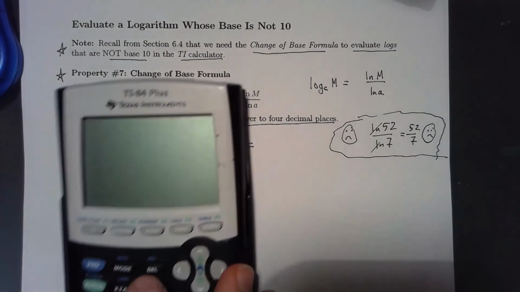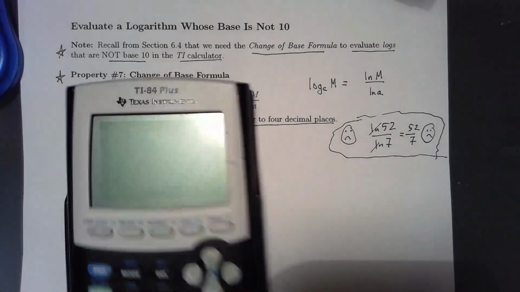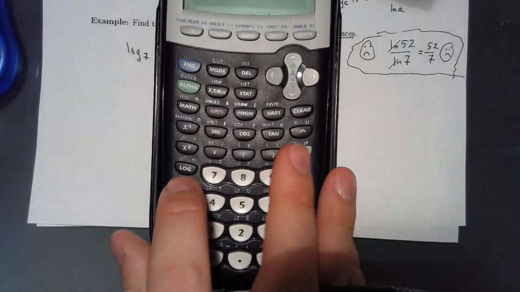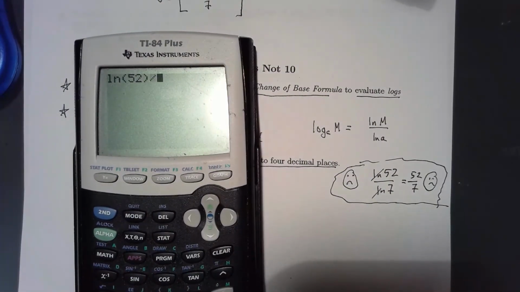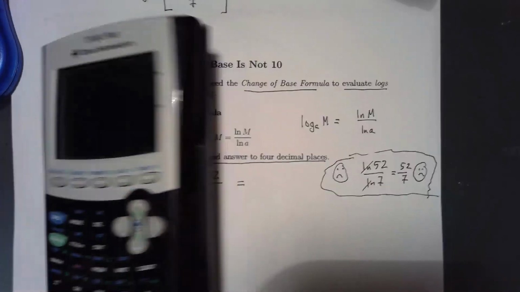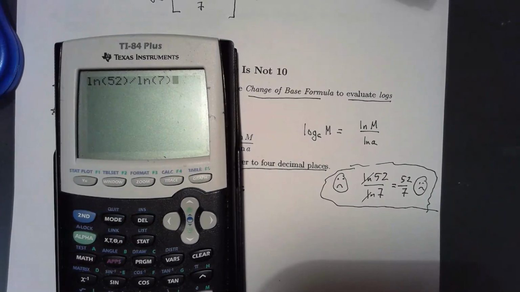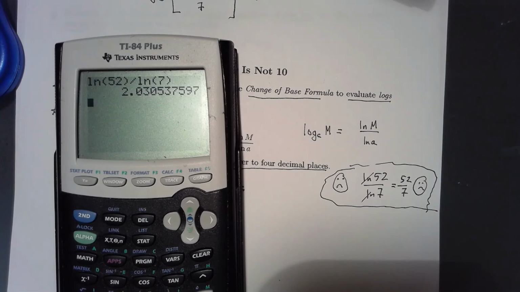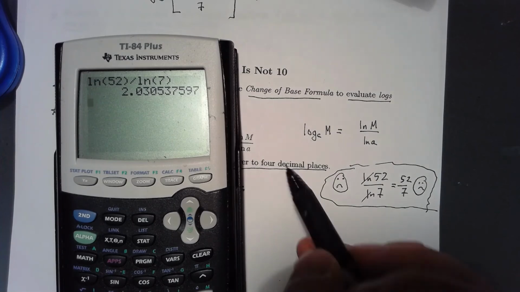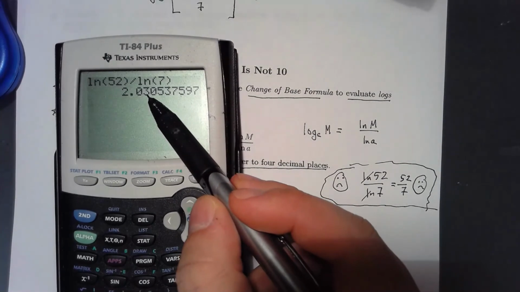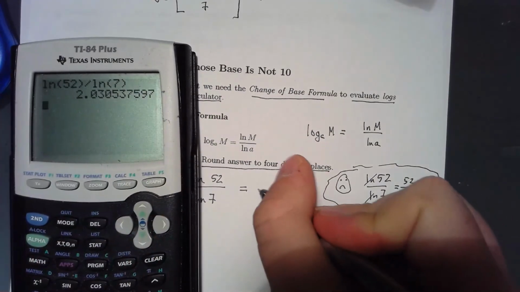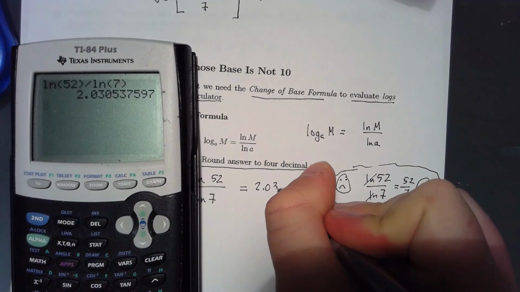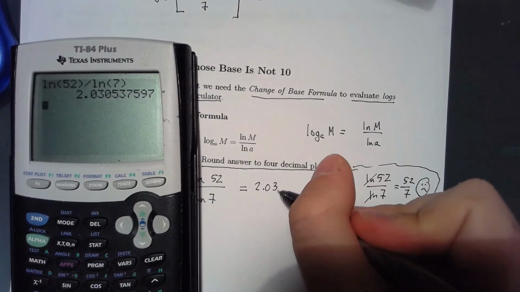All right, so just type those values in your calculator. So ln of 52, natural log of 52. Close that off. Divide it by ln of 7. And that gives you 2.031. I'm rounding it to 4 decimal places, so 1, 2, 3, 4. So 2.0305.